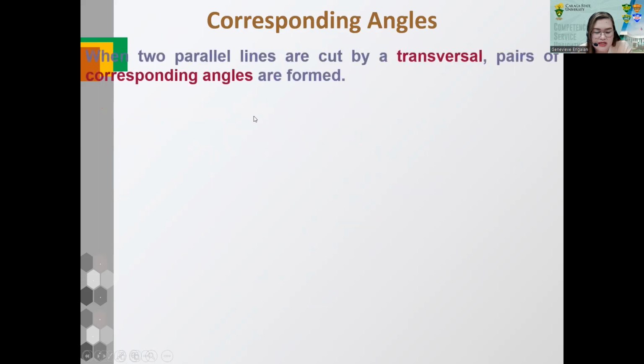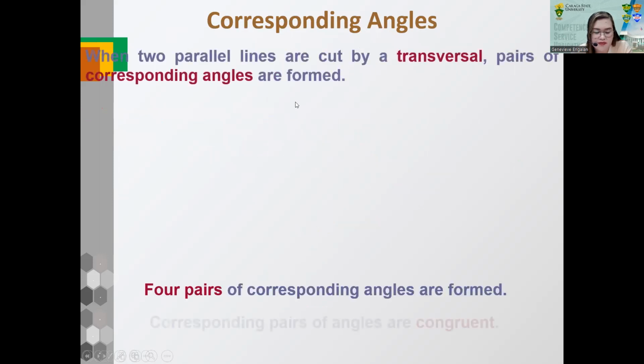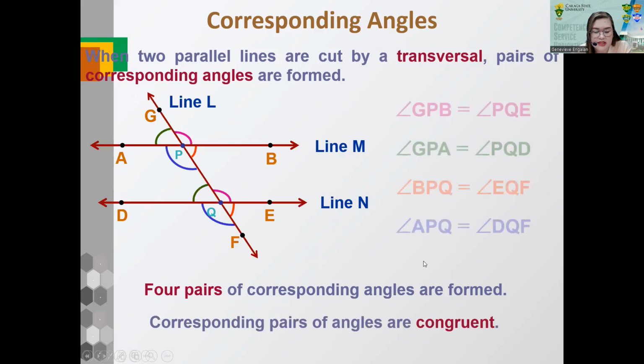Okay, two parallel sides are cut by transversal pairs of corresponding angles are formed. So 4 pairs of corresponding angles are formed, corresponding pair of angles are congruent. Na. So kana siya is congruent ani. This one, si kining angle P is congruent kang angle Q. And this one is congruent ani, and this one kanang parehag colors, they are congruent.